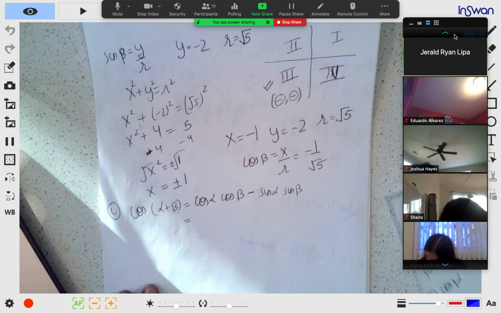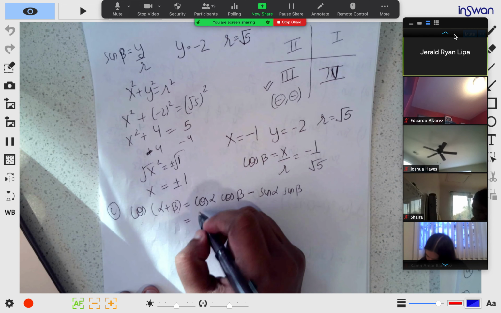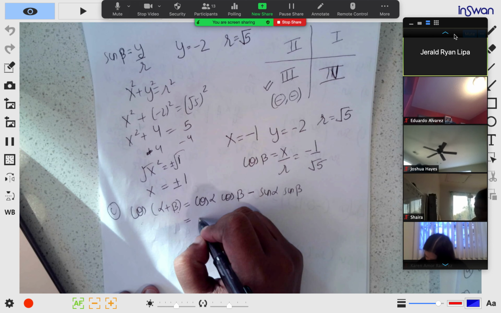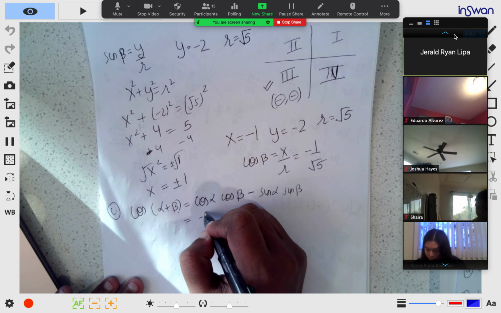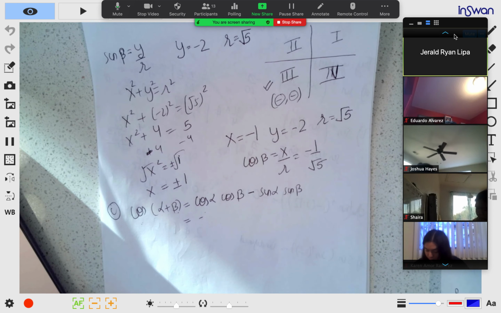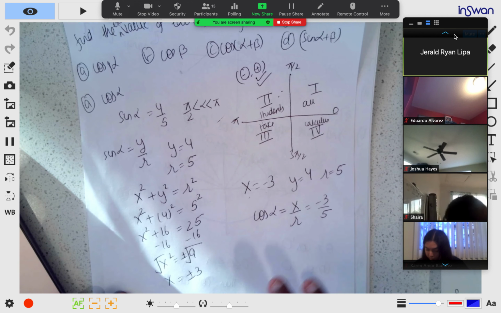The value of cosine alpha is, that was the A part. See, in the first part we did the question.